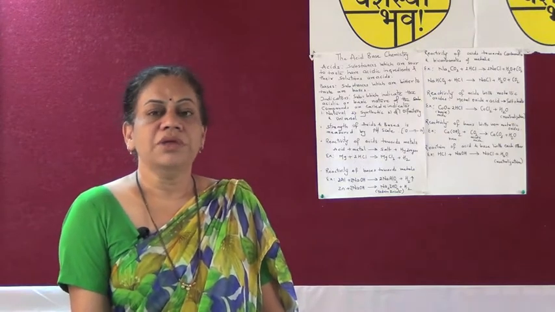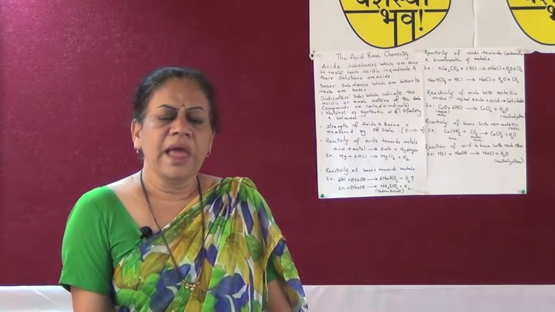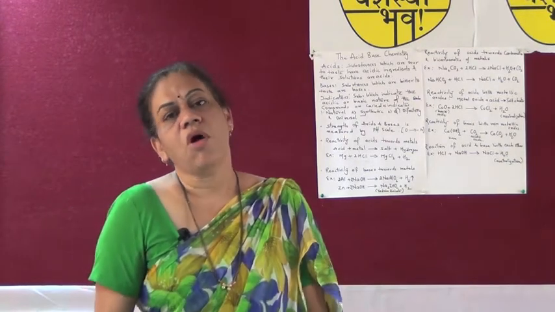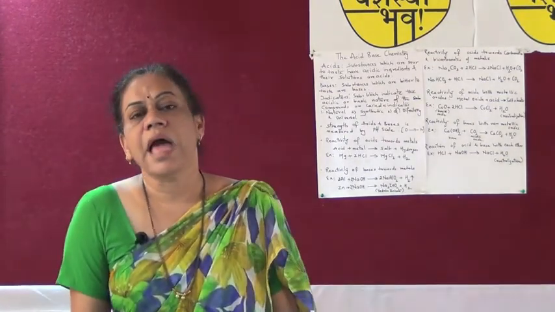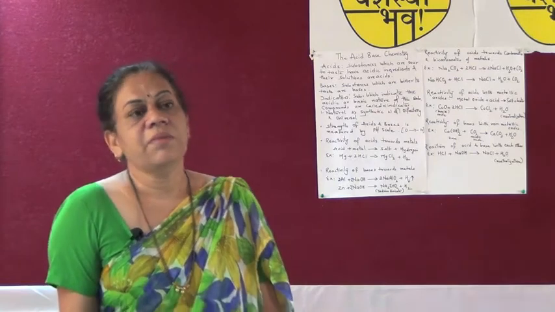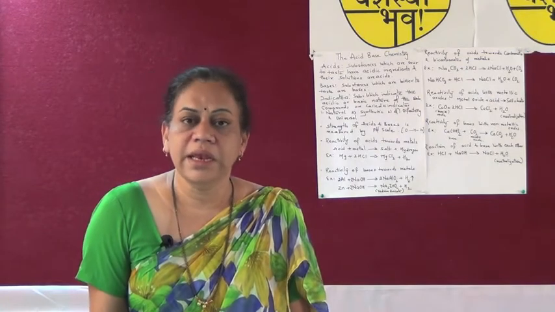This litmus paper or the litmus solution is prepared from a natural plant named lichen. There are different types of indicators which are used for determining the acidic and the basic substances. So those substances which determine the acidity and the basicity of any substance are called indicators.